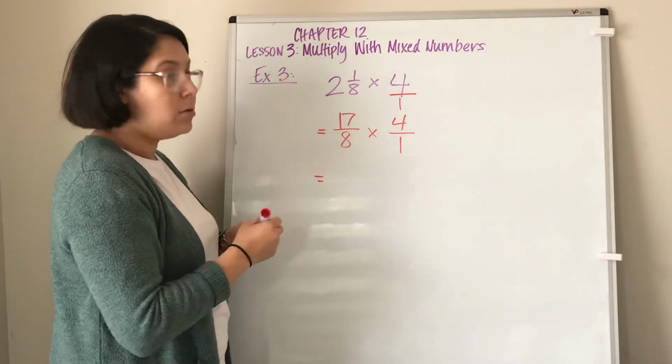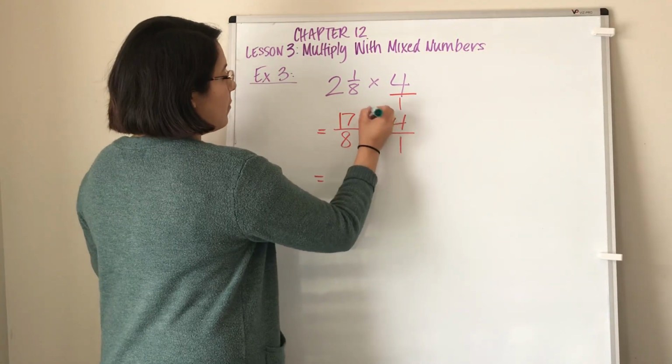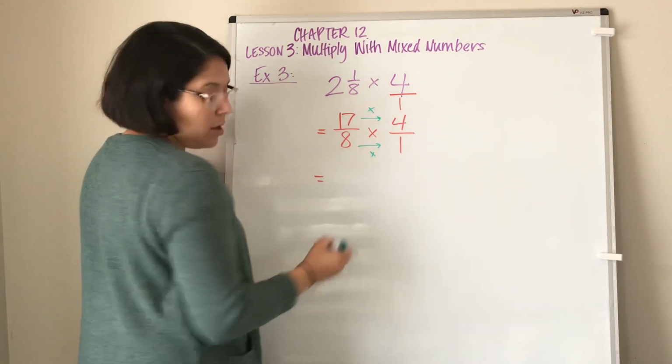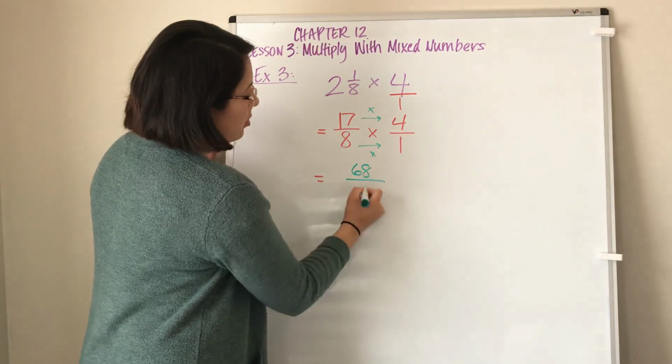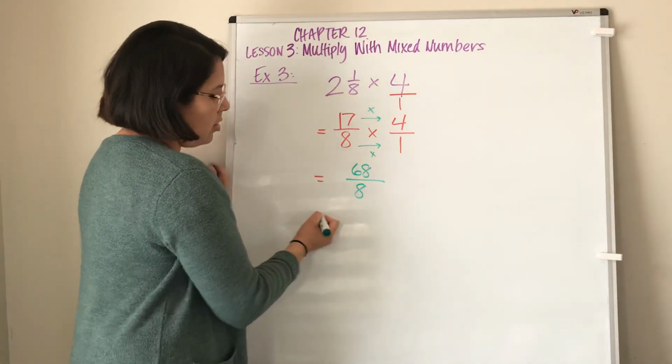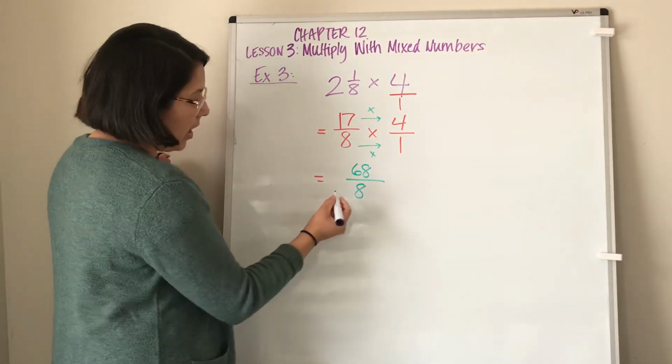Now, multiply straight across. And what do I get? 68 over 8. Am I done? No, I am not. I need to divide.